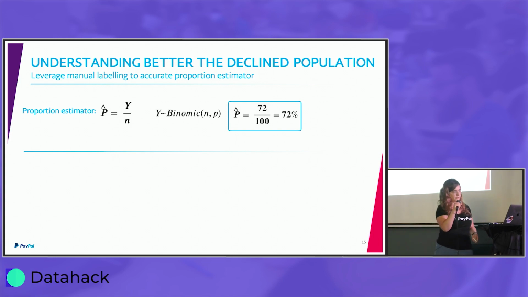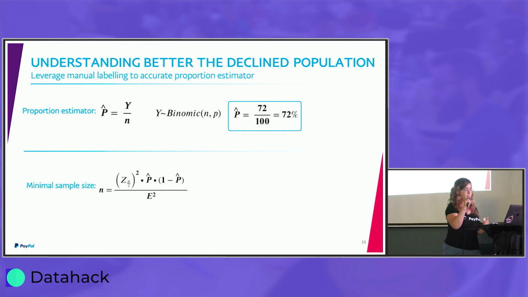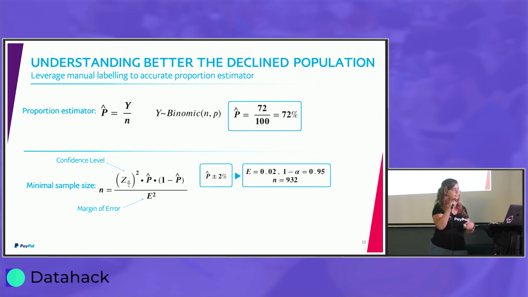And for that, we again can go to statistics and use the minimal sample size equation. In this equation, we can use our initial proportion estimator, this 72%, together with some predefined confidence level and margin of error in order to calculate the minimal sample size needed for our proportion estimator.